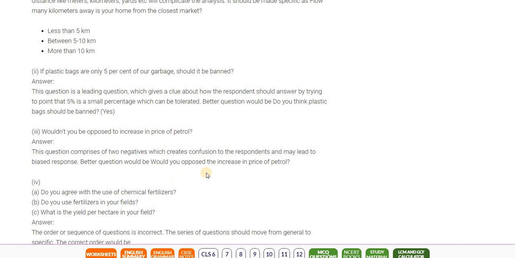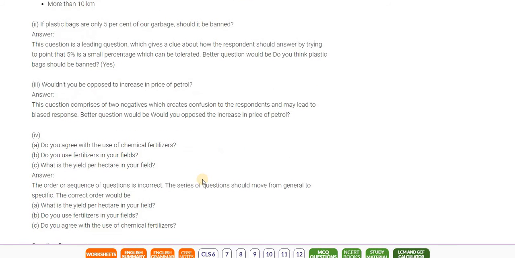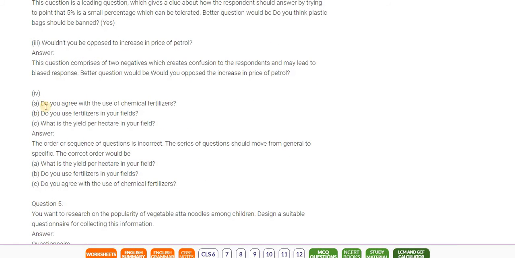Next one: do you agree with the use of chemical fertilizers? Then, do you use fertilizers in your fields? Then, what is the yield per hectare in your field?